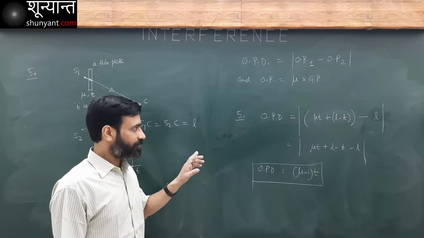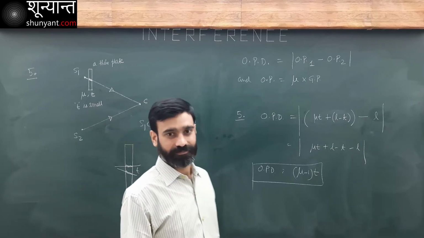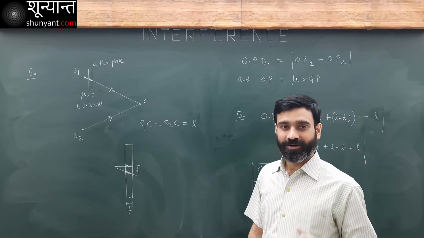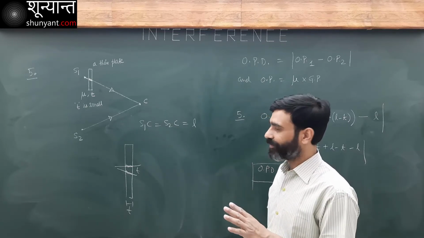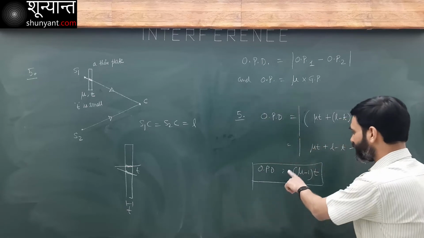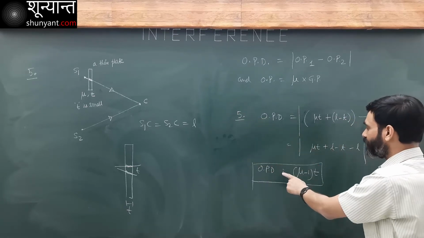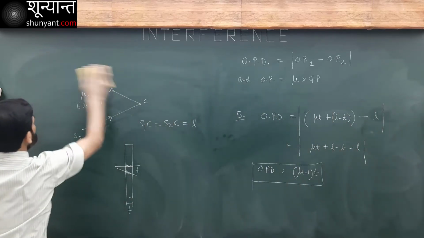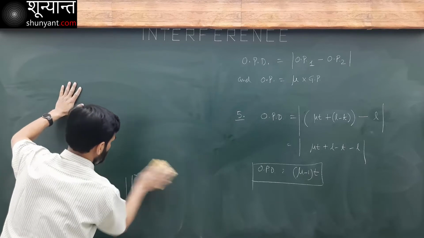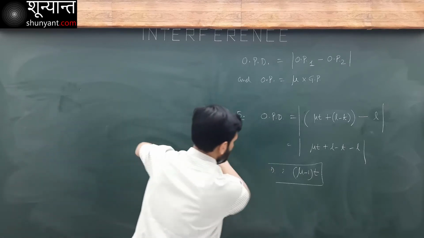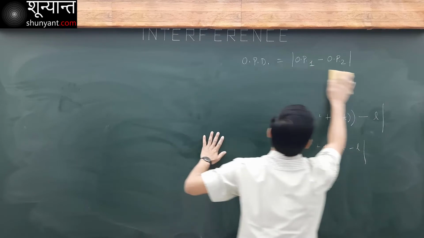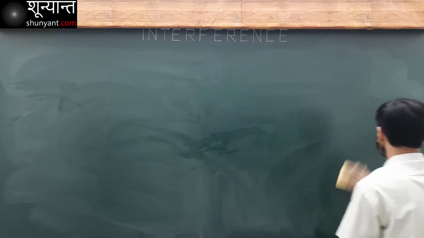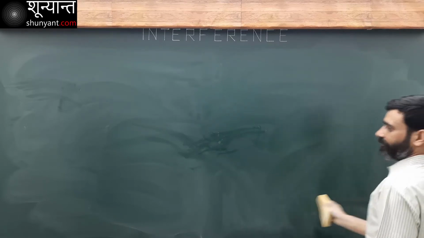Let's look at some applications of this result. We are going to look at some very important applications. The optical path difference is going to be mu minus 1 times t.